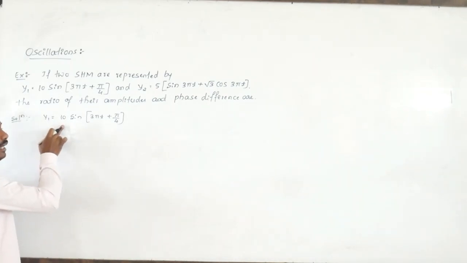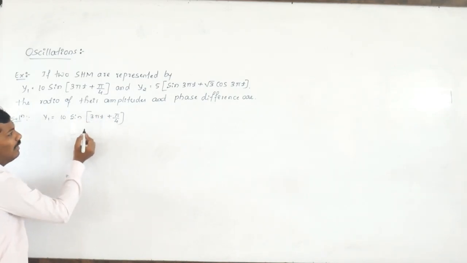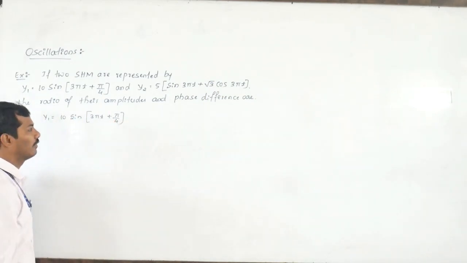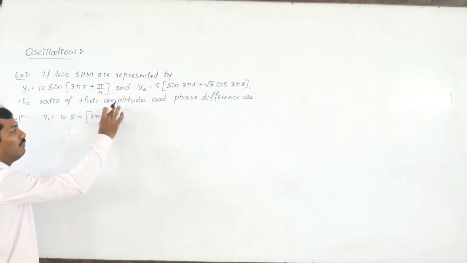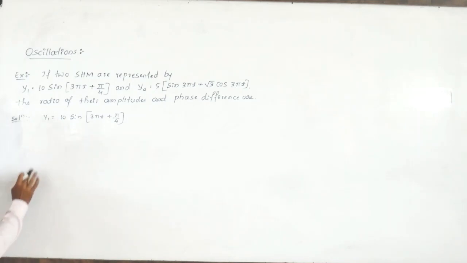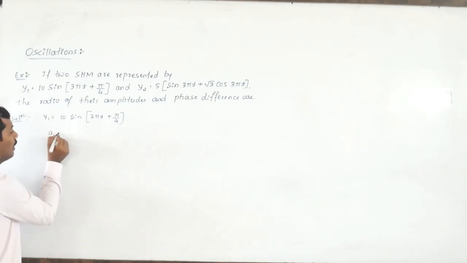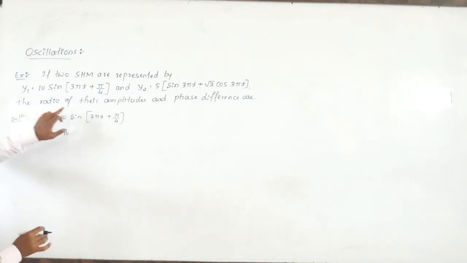Here the amplitude is 10, and the angular frequency is 3 pi, which is constant here. Phi 1, the first phase, is pi by 4. Then we write the given terms. The first is the amplitude, call it A1, which is 10, because we have to find the ratio of amplitudes.